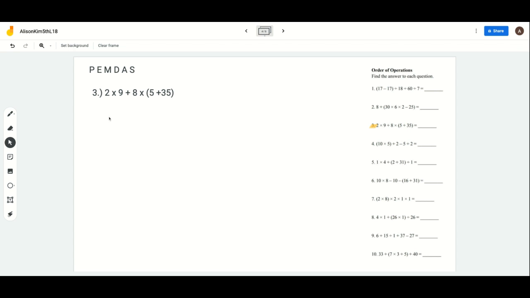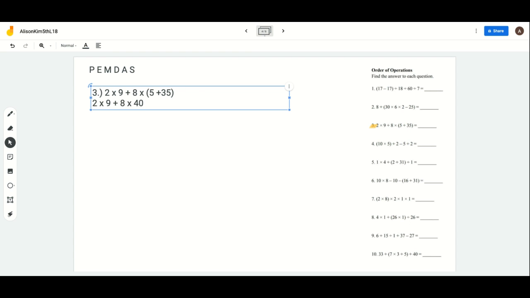So if we're going to follow order of operations, we have to start with P, right? And P stands for parentheses, and we have parentheses right there. So when we follow the PEMDAS order, we get 2 times 9 plus 8 times 40, because 5 plus 35 is 40.